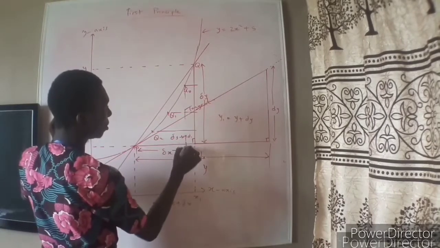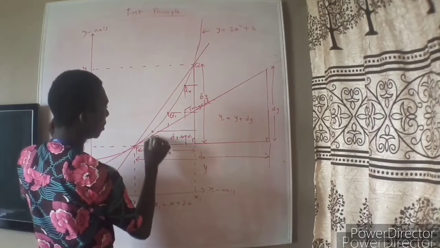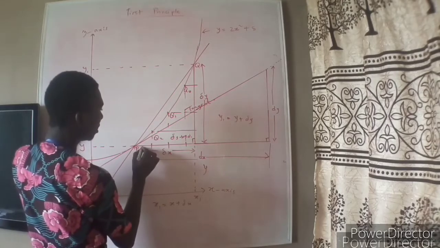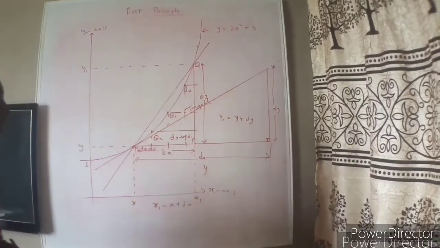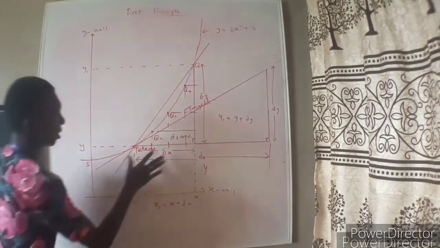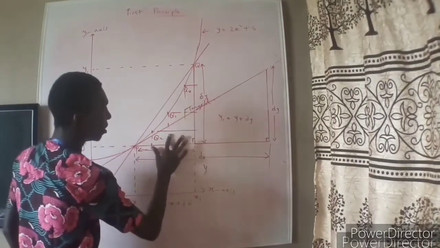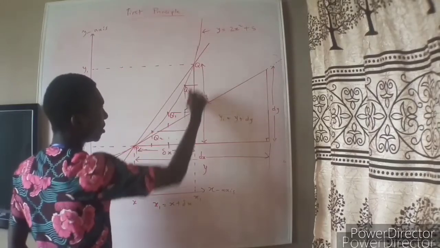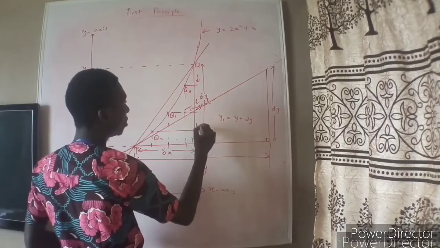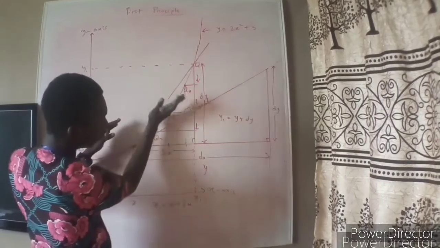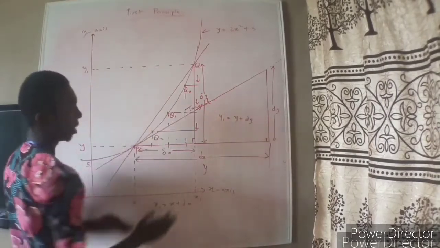It was here, then later here, then later here. My change in x is also reducing. If you check it very well, my change in y is dropping. It's coming down, reducing as it is moving.